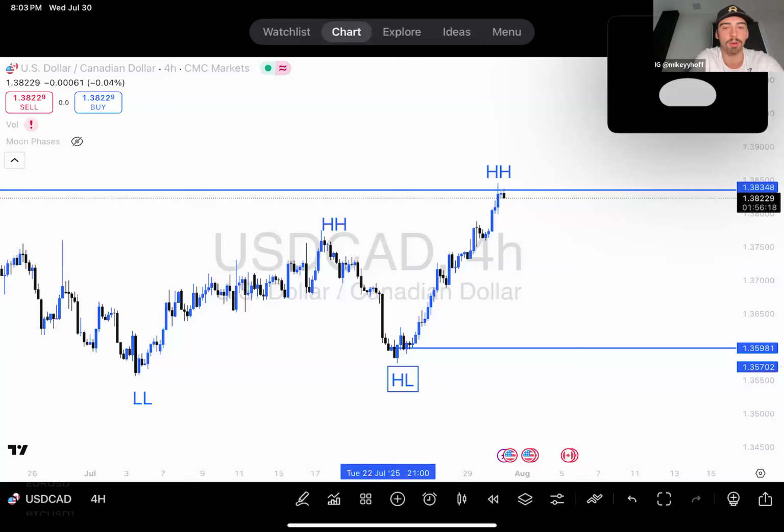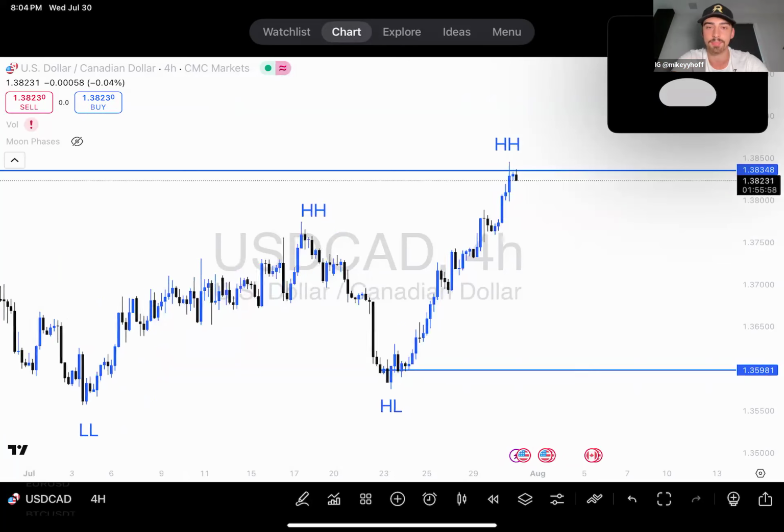Are we in an uptrend? Are we in a downtrend? Sometimes you'll look at a chart and it might be a little bit confusing. You won't understand if we're in an uptrend or a downtrend. So this is why you mark these things out, to help your eyes see: okay, we have a low here. We made a high, we made a higher low than the previous one, and then again made a higher high.